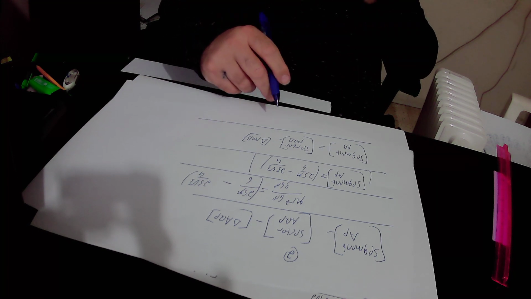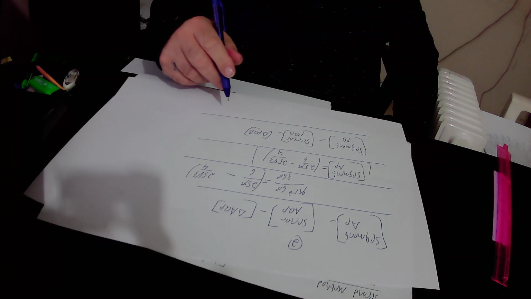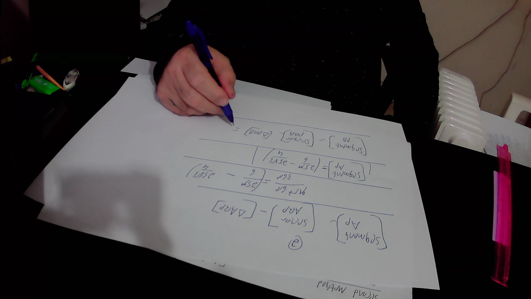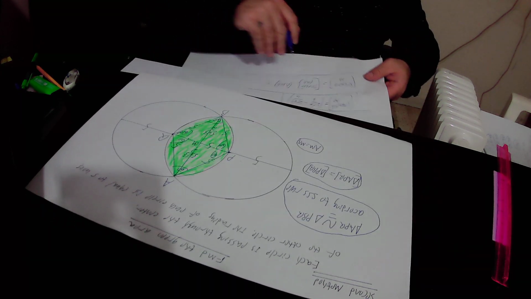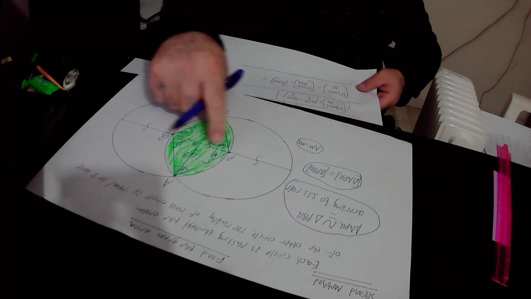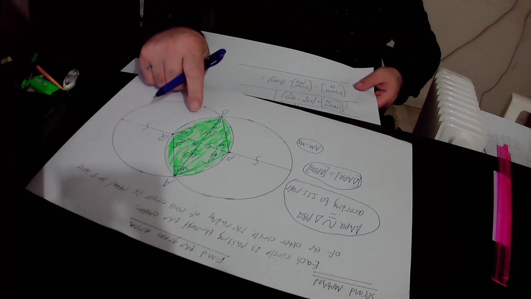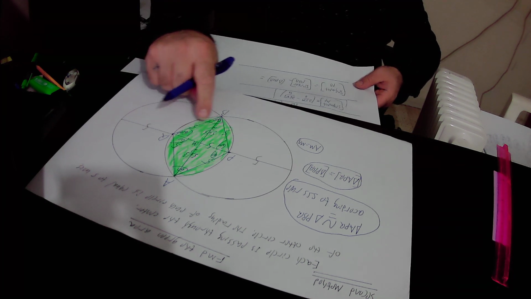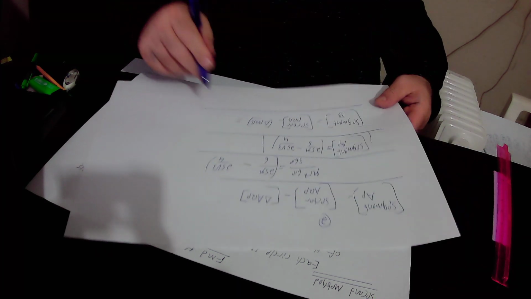So here, the area of sector PQB equals pi r squared times 60 degrees over 360 degrees.